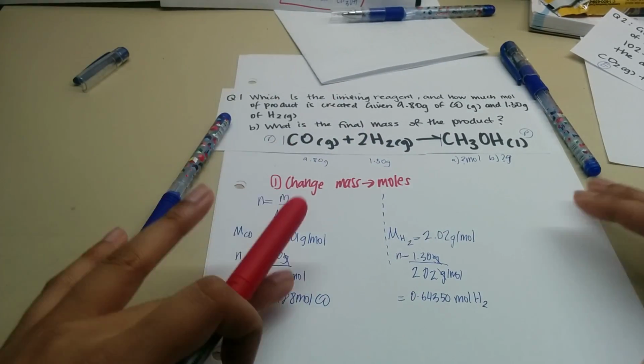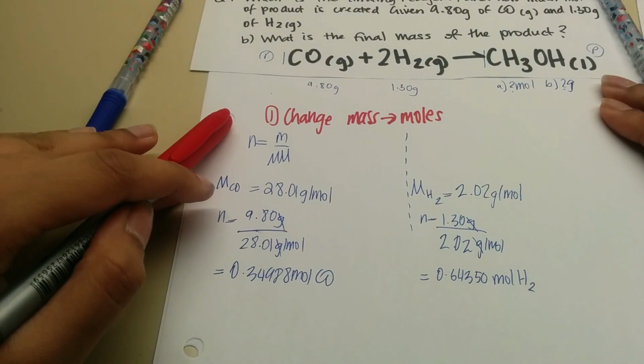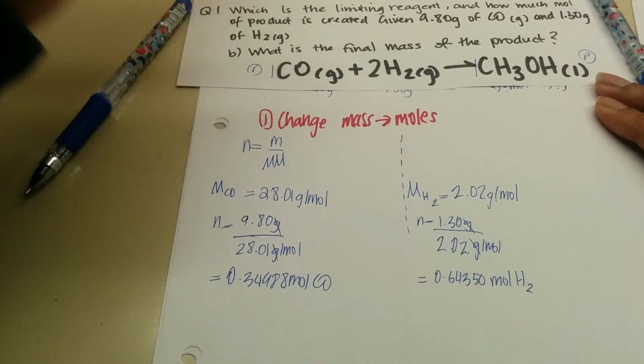Okay, so now that you changed both things to moles, this is just what you always have to do. You can't really work with the mass in the beginning. You have to change it to moles.